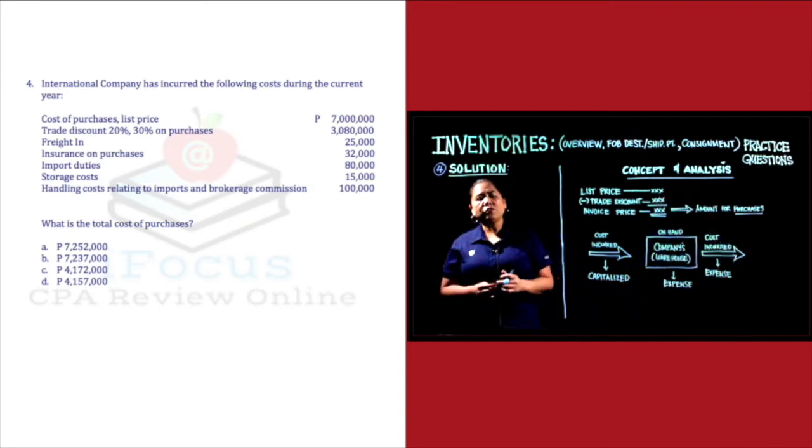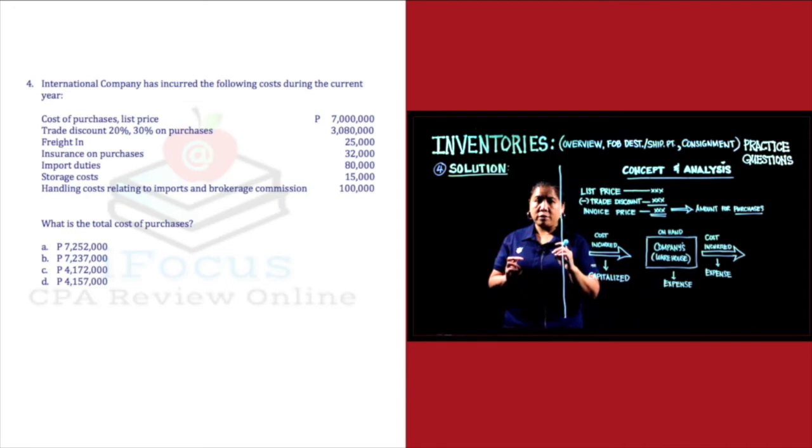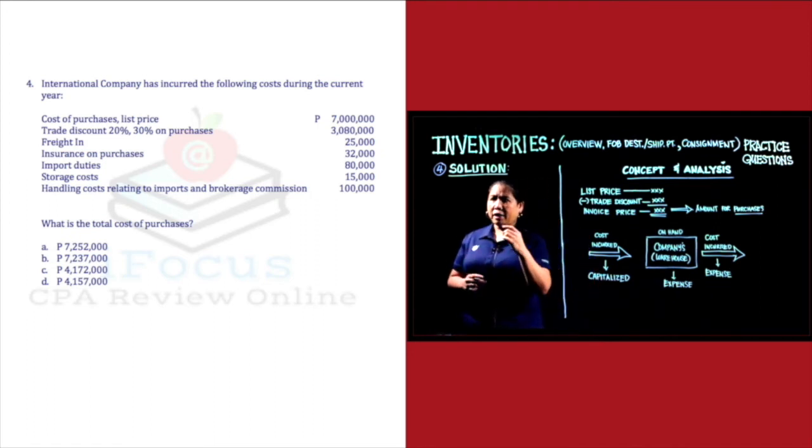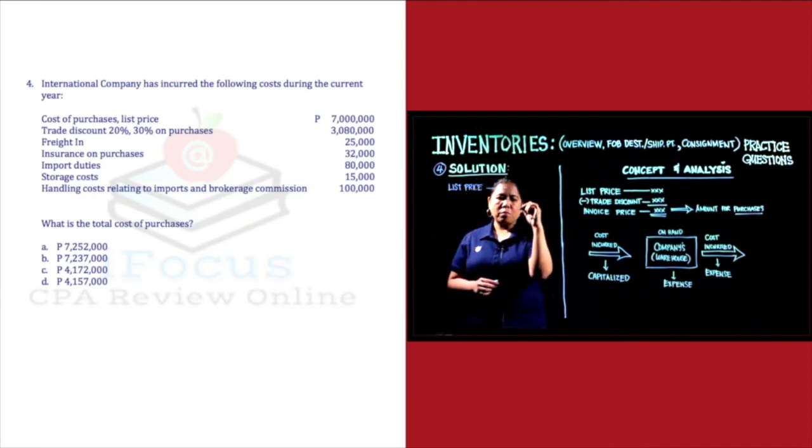So, International Company has incurred the following costs during the year. Cost of purchase or the list price is 7 million. Remember, hindi pa yan ang ating cost ng ating purchases. So, ilalagay natin dito list price amounting to 7 million.